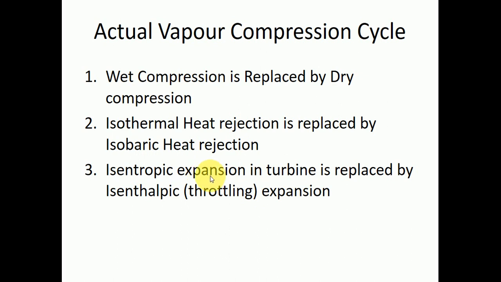As I explained in the TS diagram of the Carnot cycle, from state 3 to 4 we have an isentropic expansion, but in the actual cycle we have an isenthalpic expansion: there is an increase in entropy and a decrease in pressure and temperature, while maintaining constant enthalpy through the expansion valve, instead of a turbine.